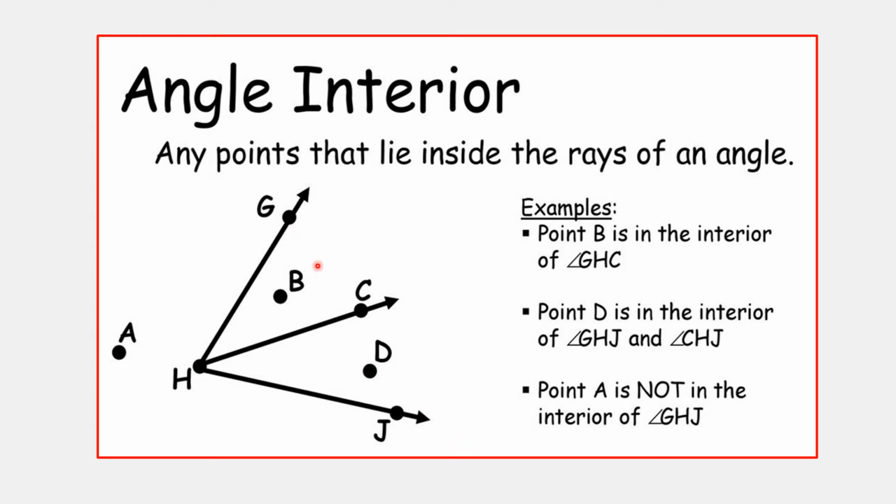So point D is in the interior of GHJ or CHJ. And point A is not in the interior, it is in the exterior of the angle. You can see it is outside, not inside the rays. That is why it is the exterior point, not the interior point.